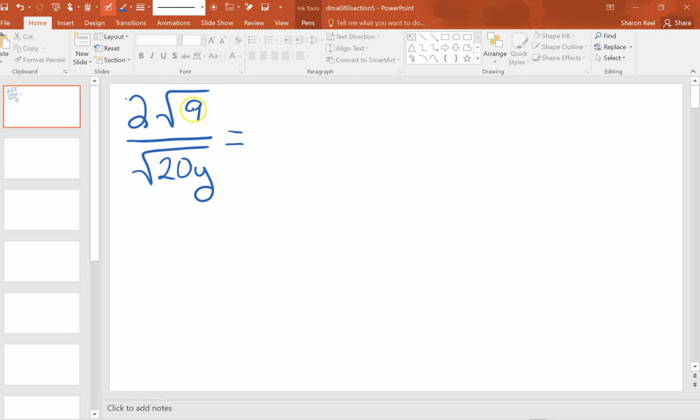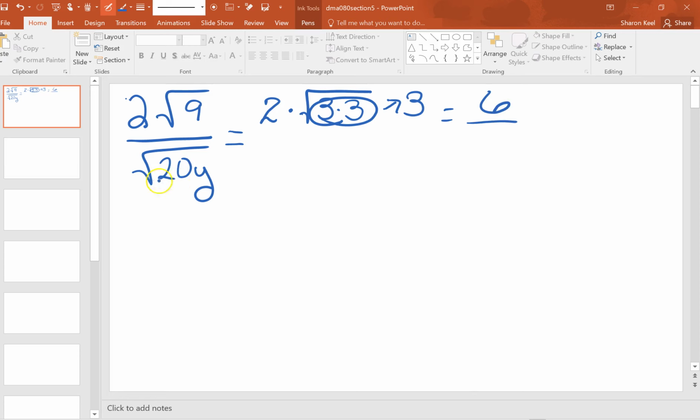In this case, the square root of 9 is a 3. So technically what I have is 2 times, under the 9 would be a 3 times 3. I have a pair of 3s, so the 3 is going to come out. And what is 2 times 3? That will give us the whole number 6.